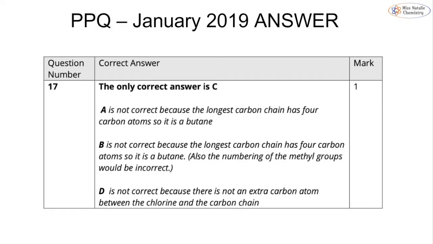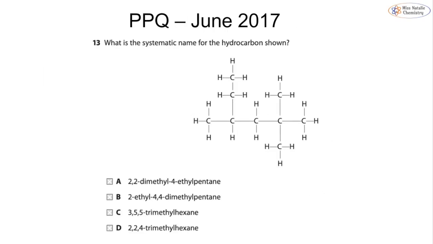And lastly, from the June 2017 paper, what's the systematic name for this hydrocarbon? Well, this is very, very tough because we want to be thinking about the longest chain. And again, the trap that people will fall into is to simply go between the left-hand side here to the right-hand side here and say that that's 5.